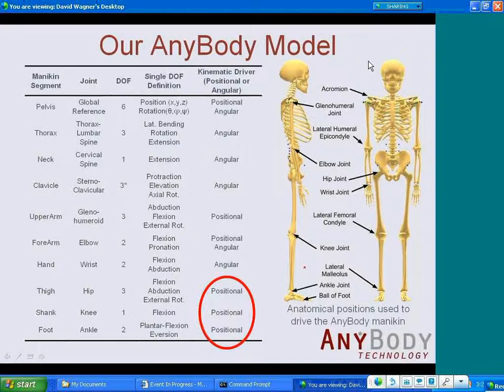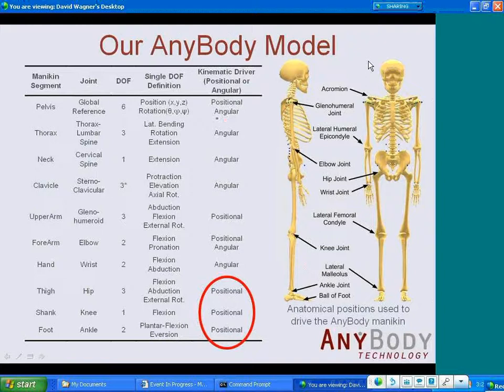So our AnyBody model that I use started from the free posture move model, and the goal for this study was to use as many predefined models as possible. That started with using a whole body model and driving that free posture move model with angular data, which is how it's defined in an open repository on the AnyBody website.